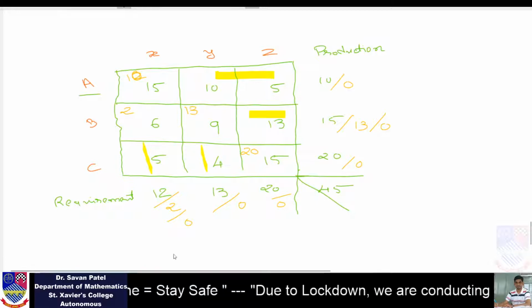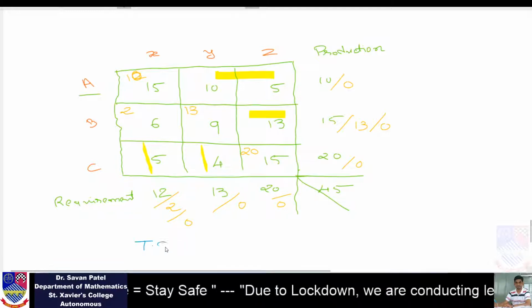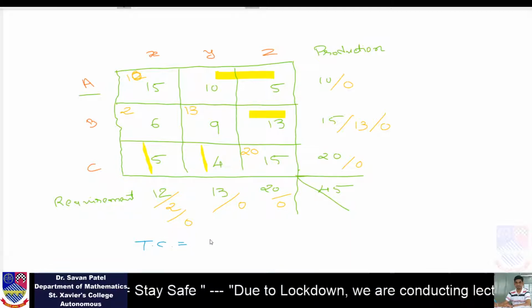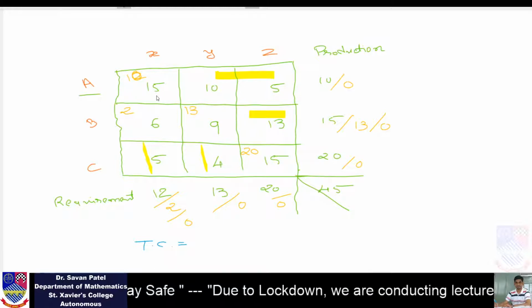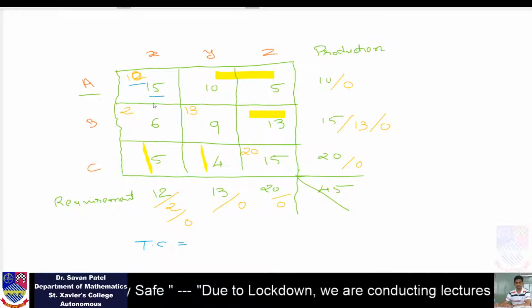So let's calculate the transportation cost corresponding to that. From A to X the transportation cost is 15 units, and we are transporting 10 units.